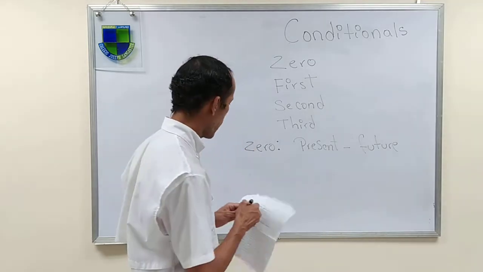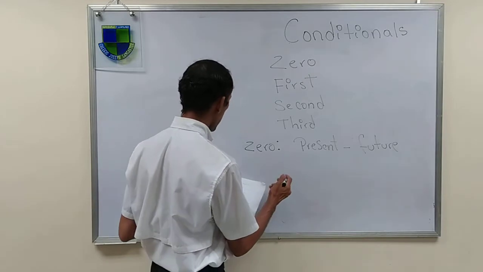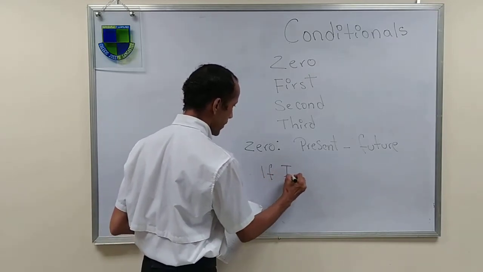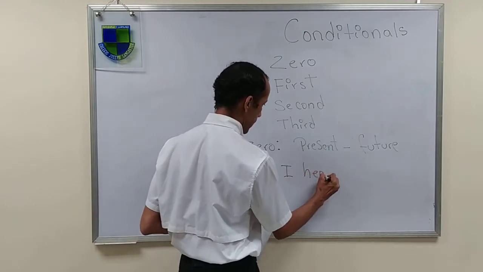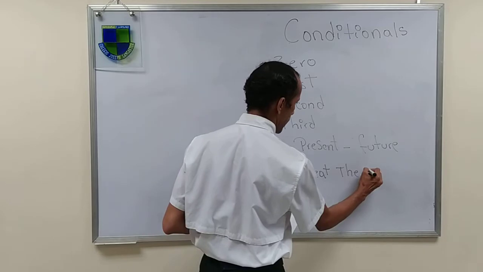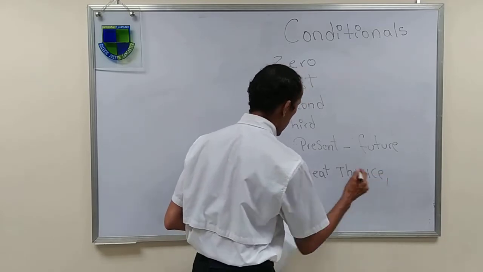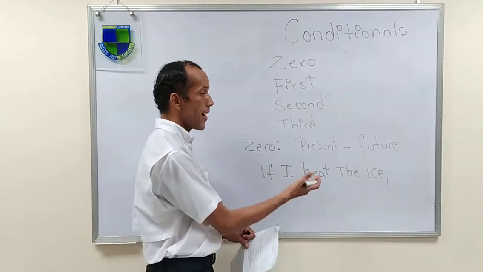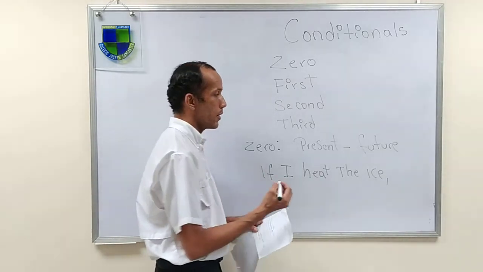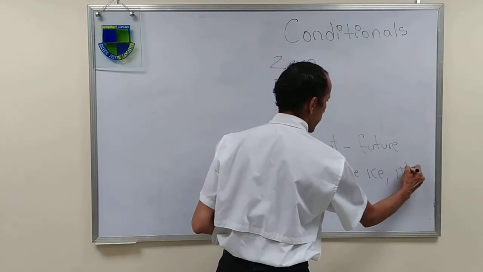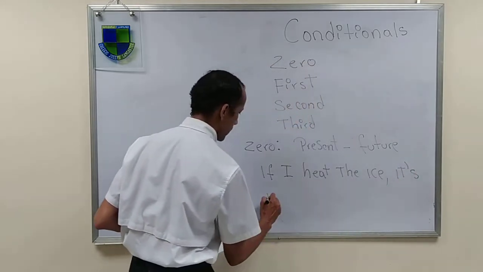For example, if I hit the ice, what will happen? If you hit the ice, what is going to happen? The consequence: it melts, right?